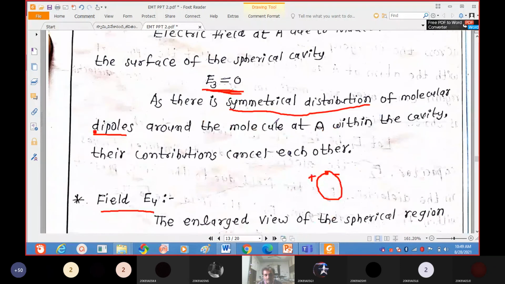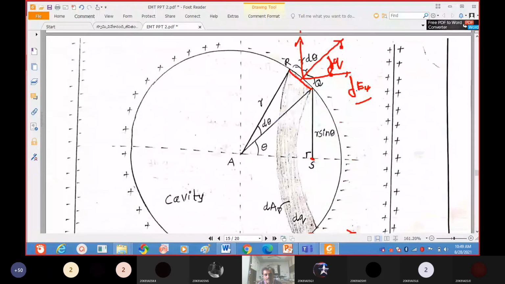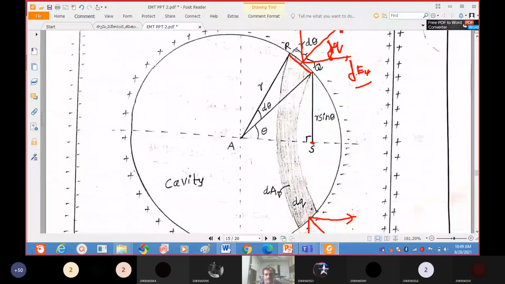Here the charge is dq. Due to this dq, some electric field will be generated, that electric field is dE4. That electric field has two directions, one is the vertical direction and another one is the horizontal direction. Vertical components are cancelled out with each other.